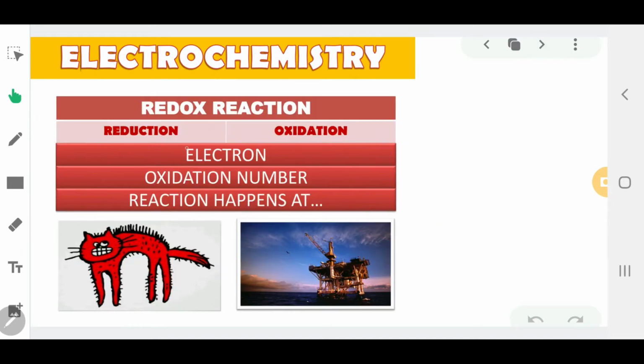For a galvanic cell, it will be applying the concept of redox reaction. Redox simply stands for reduction and oxidation. So we need to know three important things about redox reaction. The first one is about the electron.